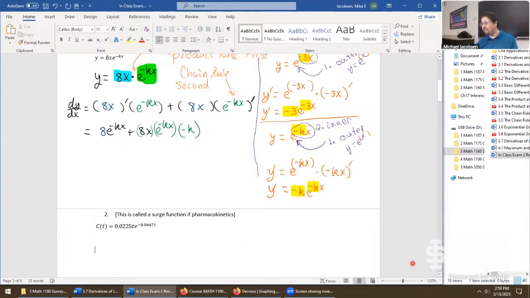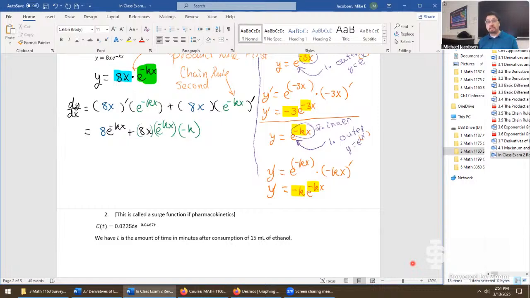Because what we've done here in this experiment is t is the amount of time, in, I believe, minutes, after consumption of 15 milliliters of ethanol.